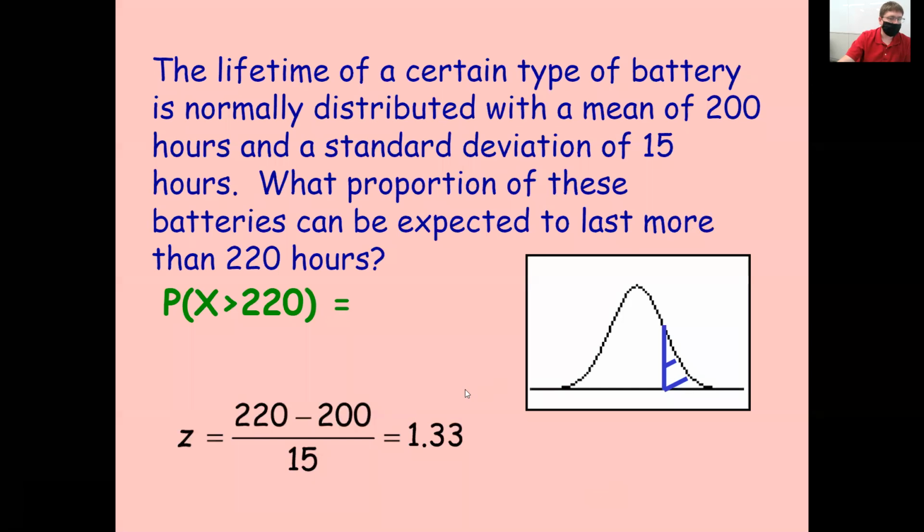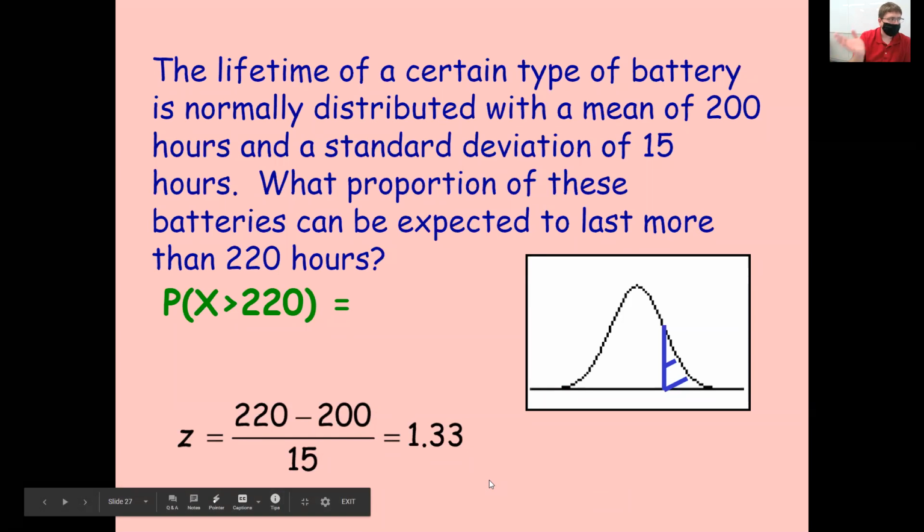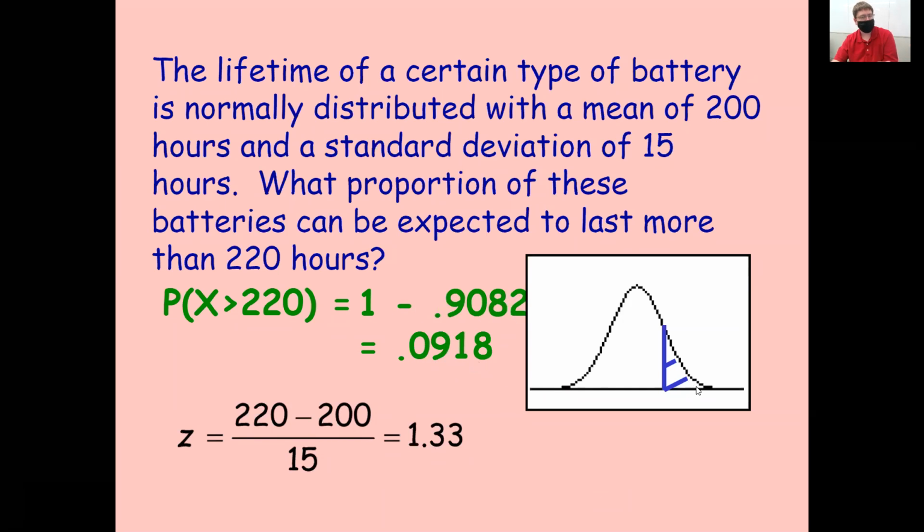So if I want area to the right, then what I've got to figure out is, okay, what percentage is to the left, and then do 1 minus that. Well, we already figured out what is to the left from earlier. It's 0.90824. So if we subtract that from 1, then we can get the area to the right. So in this case, 0.0918, so about 9% of batteries would be expected to last more than 220 hours.